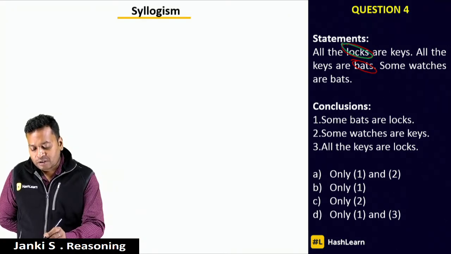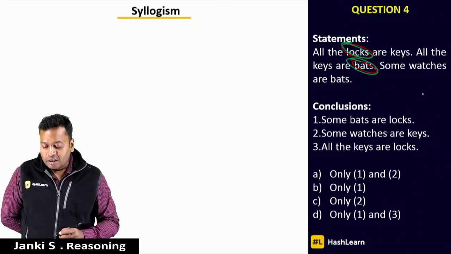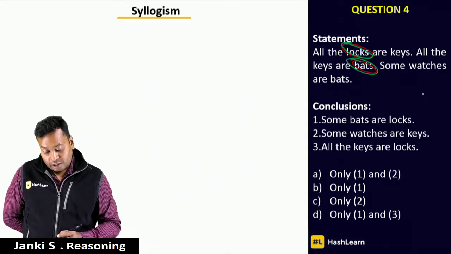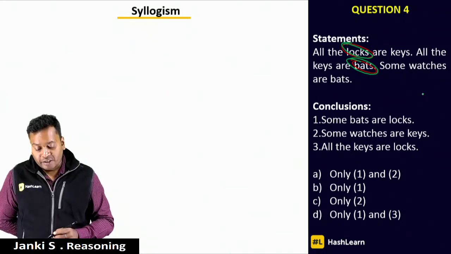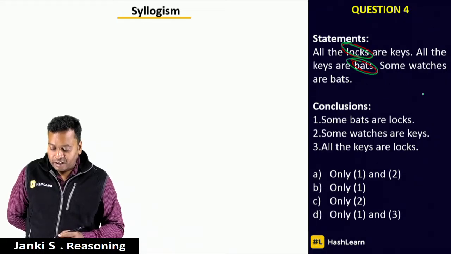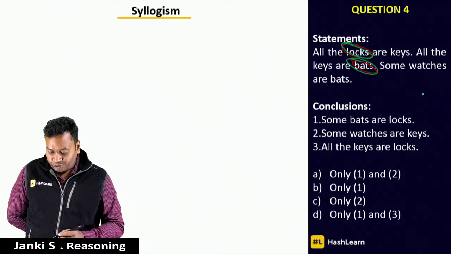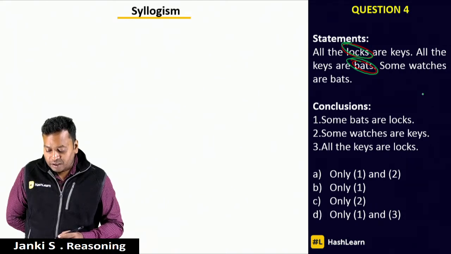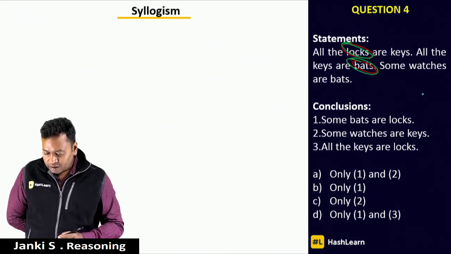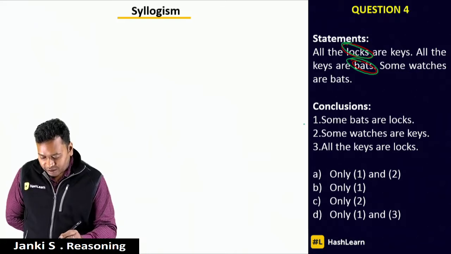So I can have a relation between locks and bats here, and it's given all keys are bats and some watches are bats, right? So now here it's some watches are bats. So I'll have to check whether I can find out the relation between them or not, right? So first thing is some bats are locks. Some bats are locks will definitely satisfy the condition here, right?